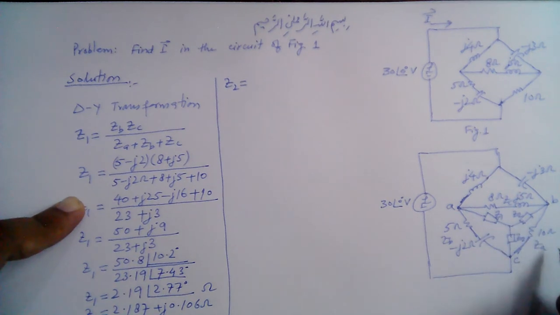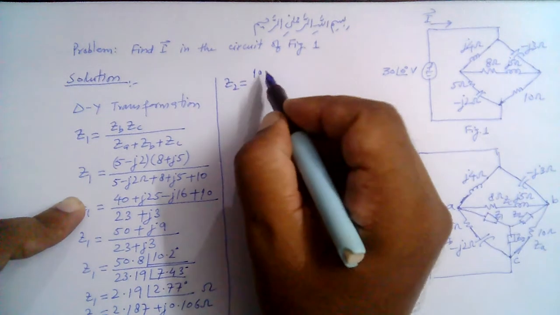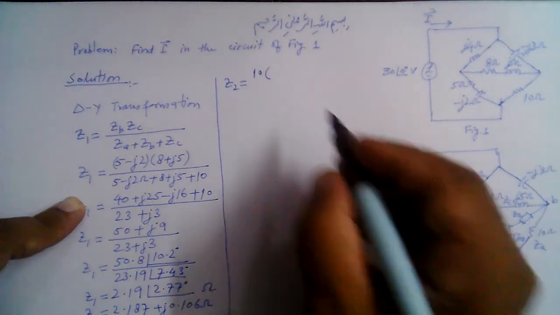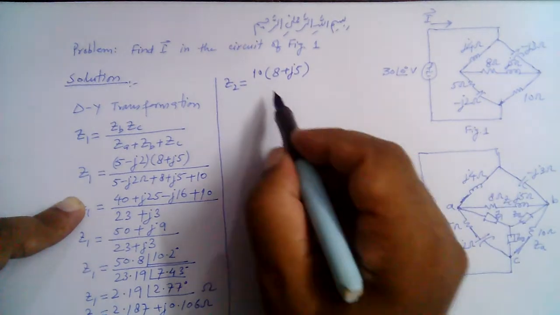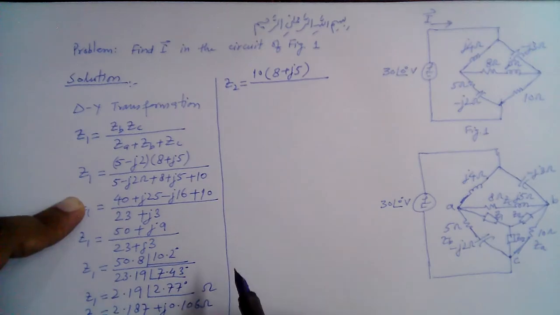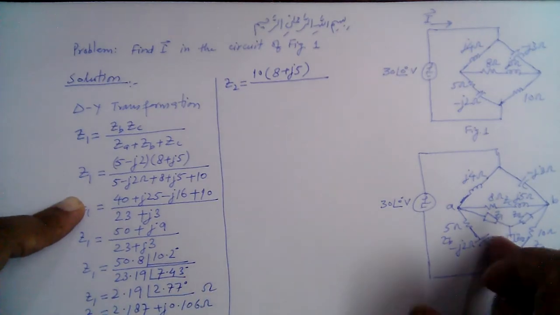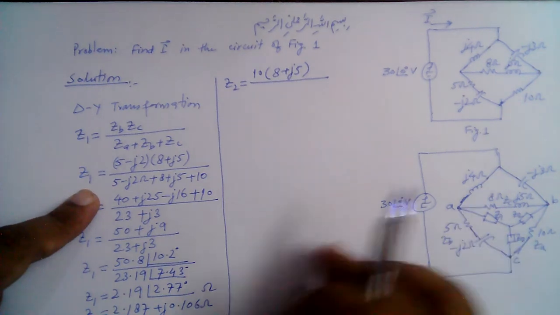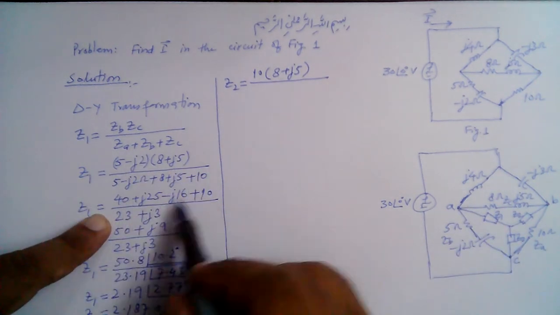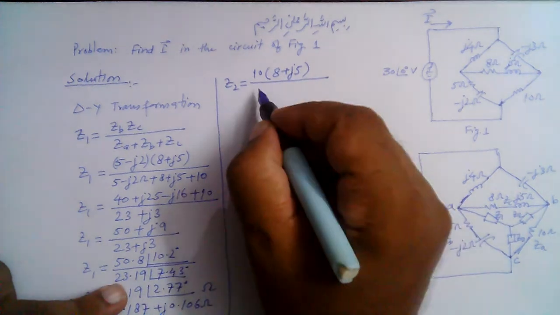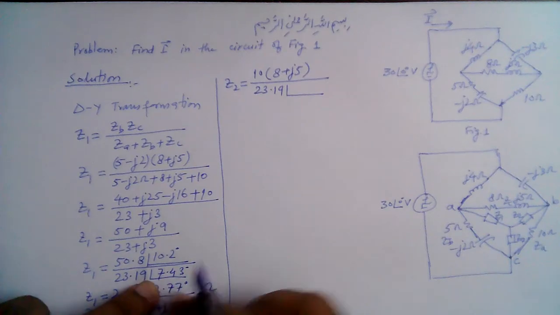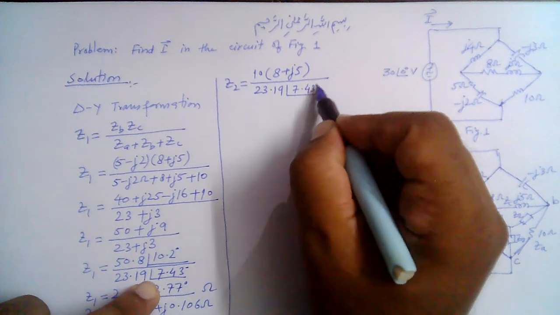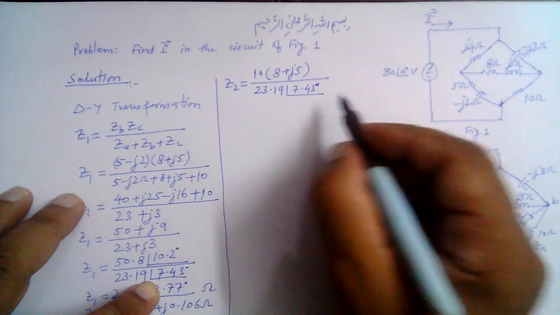So the adjacent impedances are 10 multiplied by 8 plus j5, divided by the sum of all the three impedances in the delta combination, and we have already found this sum in this denominator to be 23.19 and angle of 7.43 degrees, right?